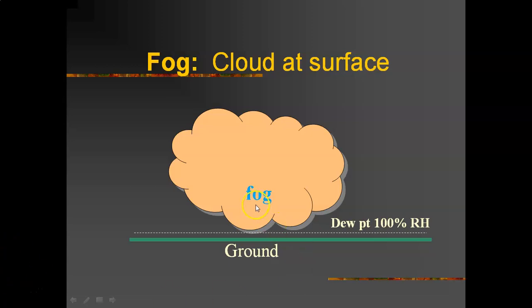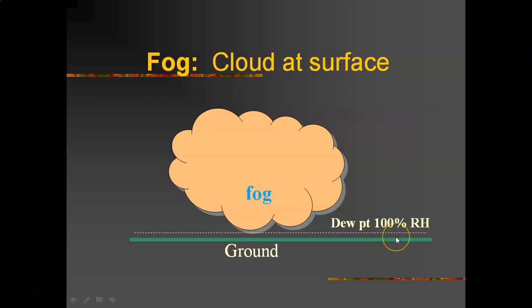And so in order to create fog, instead of lifting the air in the troposphere and cooling it, what we've got to do is chill the air at the ground surface, so we reach dew point, 100% relative humidity at the ground, instead of getting hot spots rising and cooling and getting a cloud at a couple thousand feet.